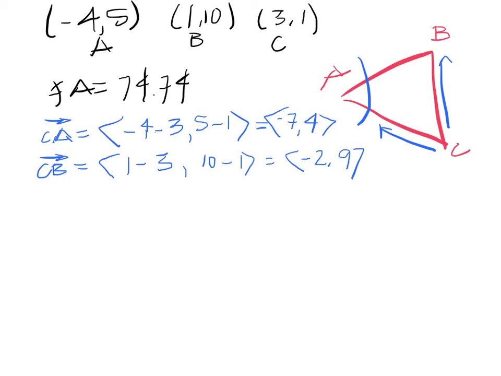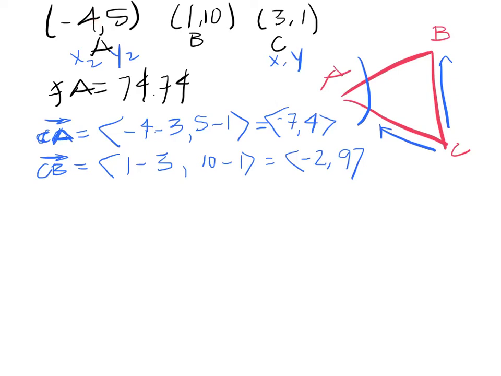Again, I have to remind myself why CA is a little different from the previous one: because I'm starting at C, since C is first. I'm starting at C and ending up at A. So my C components are my x1, y1, and my A components are x2, y2. So I take negative 4, that's my x2, minus my x1, and the same with 5, which is y2 minus y1.